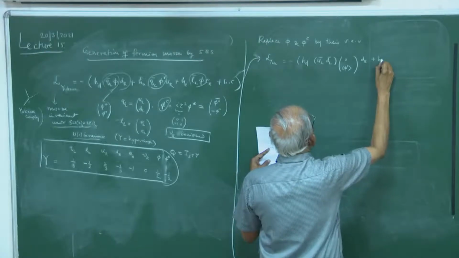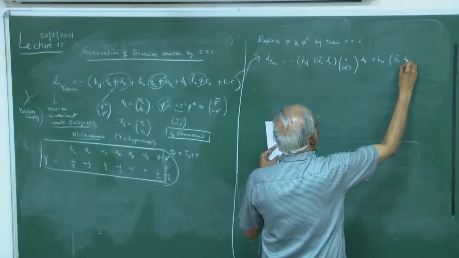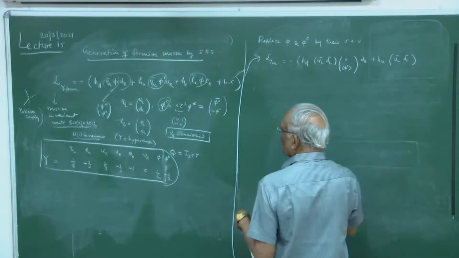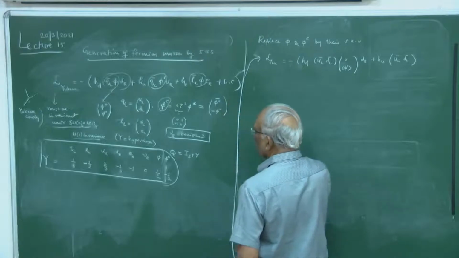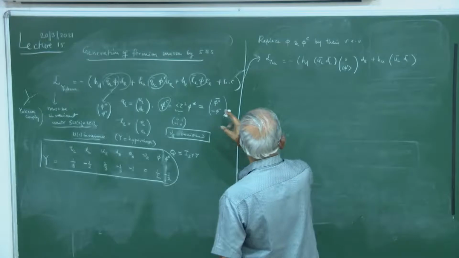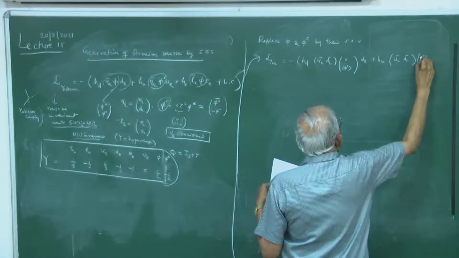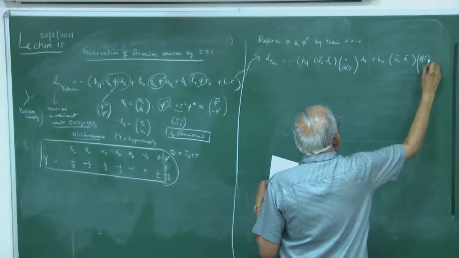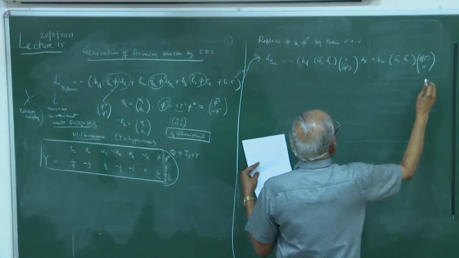Similarly, HU, uL bar dL bar. Now the vacuum expectation value is for the upper component, and phi 0 vacuum expectation value is real, so phi 0 bar and phi 0 vacuum expectation values are the same. So this is phi 0 vacuum expectation value, 0, into uR.